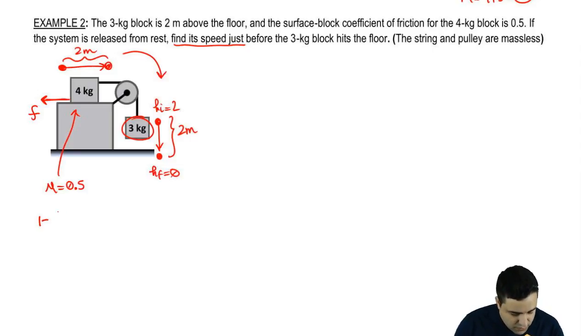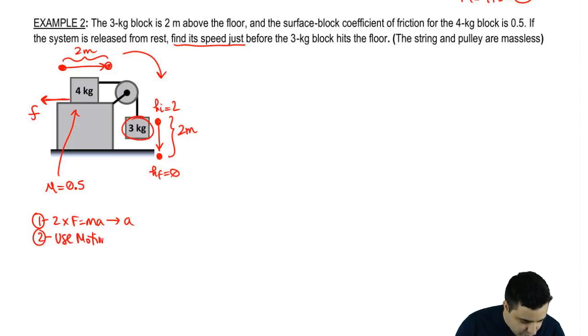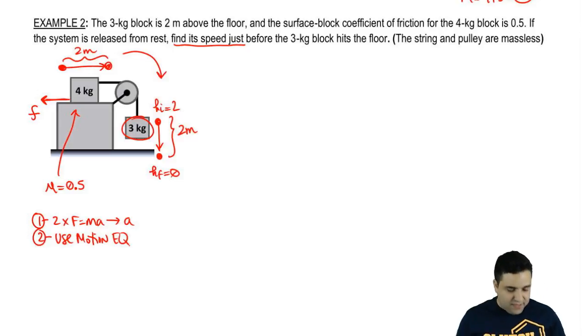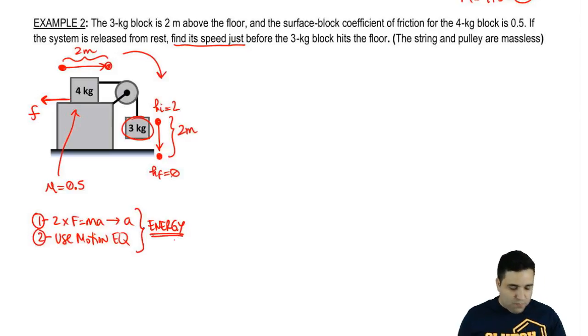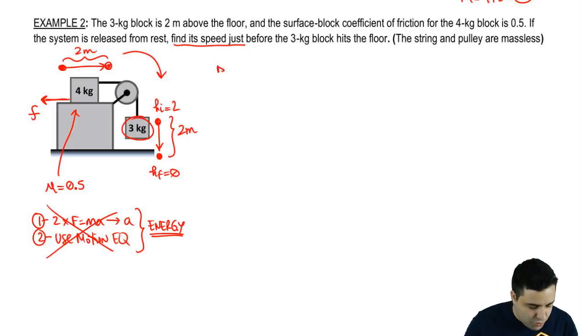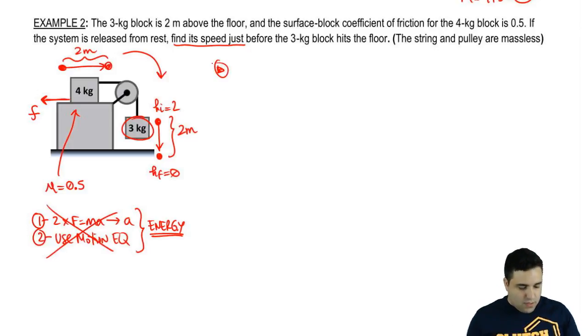So I could have written F equals ma twice to find my a, and then used a motion equation to find the final velocity. But what's better is I can just do this in one step using the big energy equation, and that's much, much better. That's what we're going to do here. All right, just wanted to point that out. You could do this in other ways.